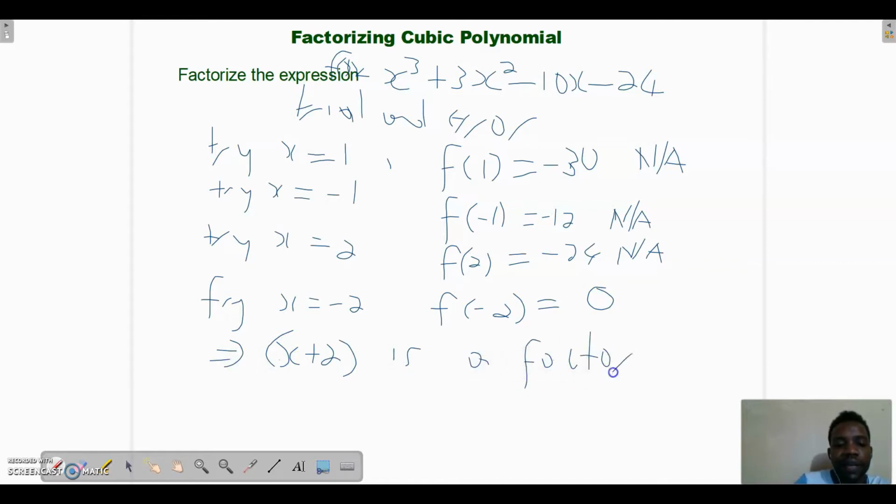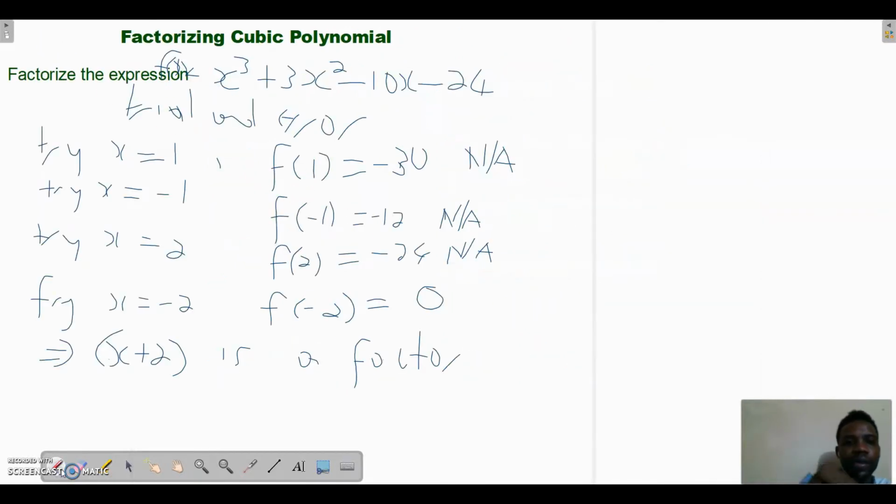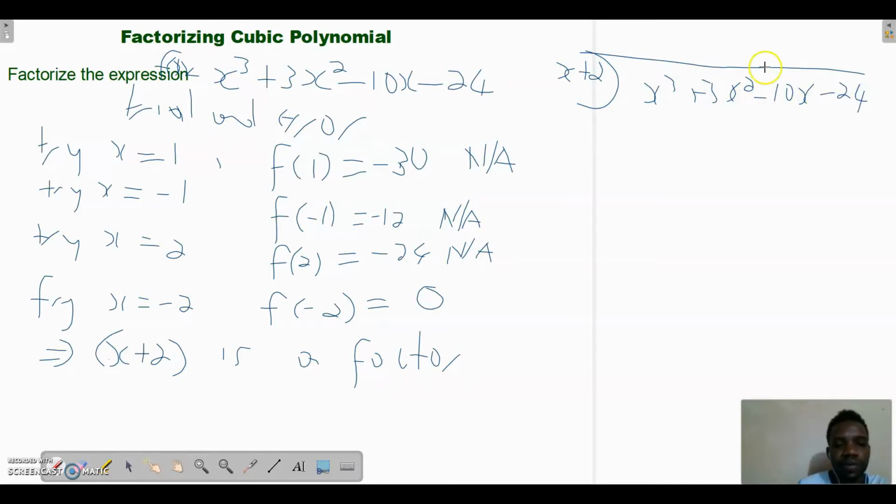Alright, and once we have a factor, we can go ahead and find other factors by doing long division. So we're going to have x plus 2 as our divisor into x cubed plus 3x squared minus 10x minus 24. And we know the process.